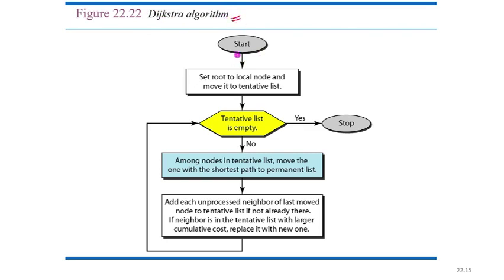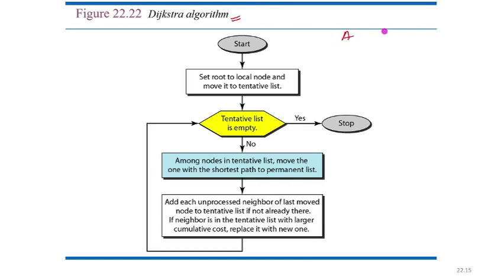Here it says start. First we set the root to the local node and move it to the tentative list. We need to set one as the local node.